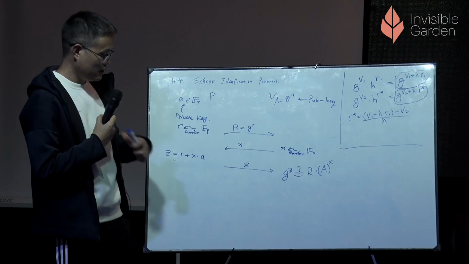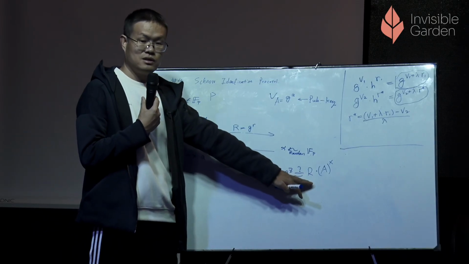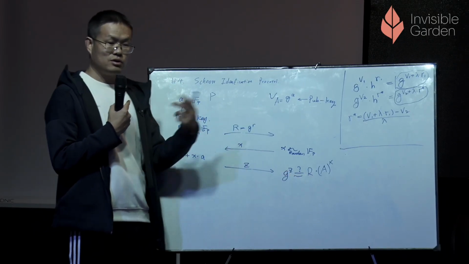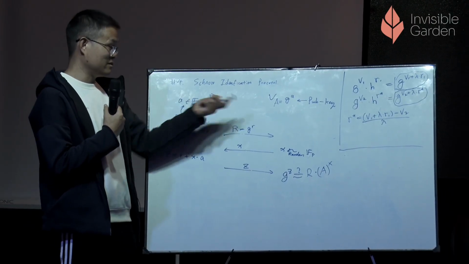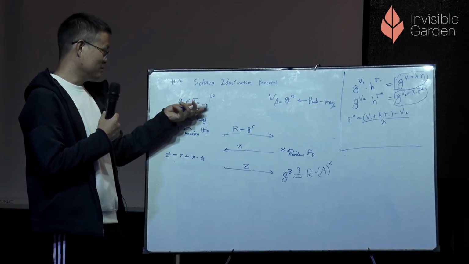So if this equation holds, then the prover successfully convinced the verifier that the prover has A.